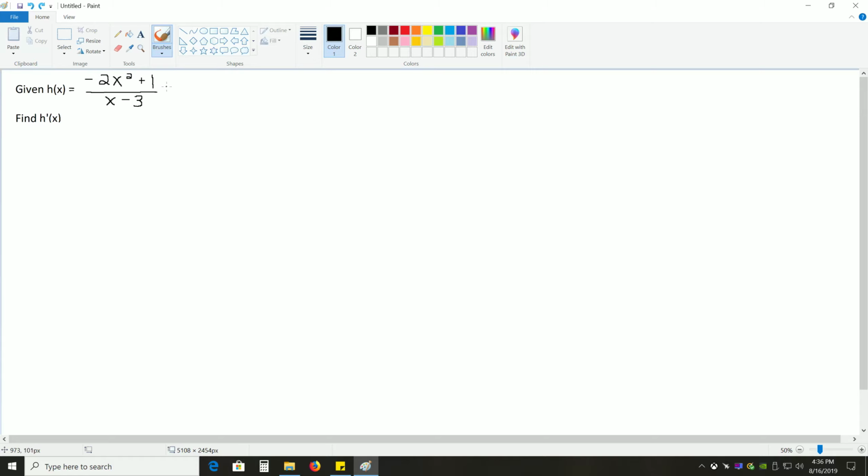Now the quotient rule has a very long, complicated formula, but there is a very neat trick that you can use. The trick is to remember the song that those dwarves sang, which is hi ho.